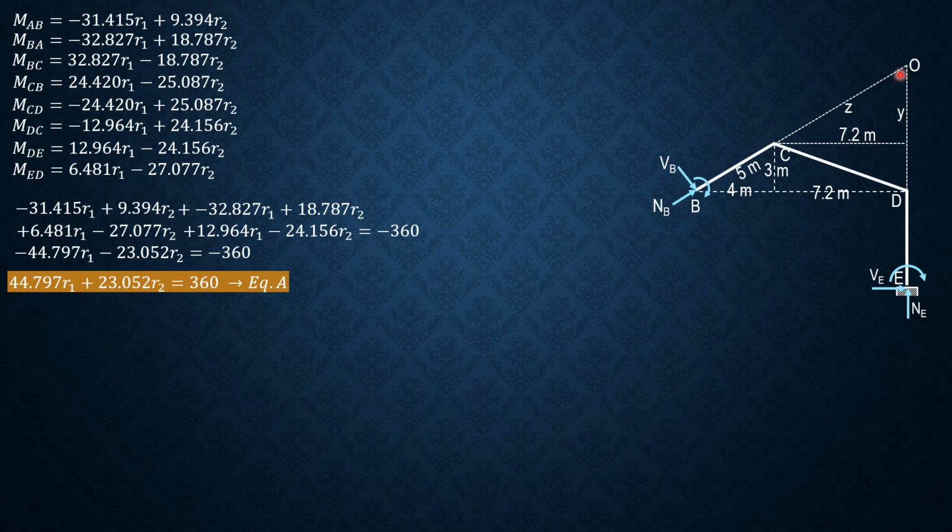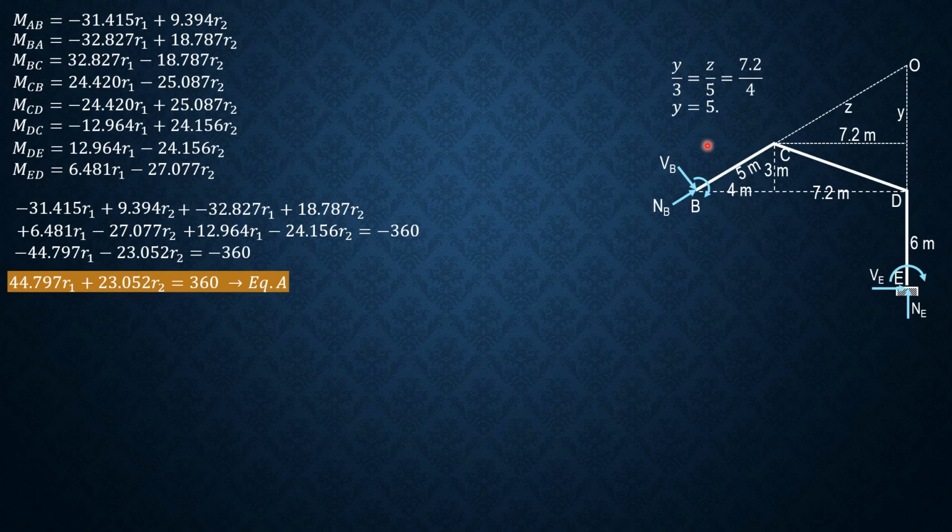So before we sum up moments about O, let's compute Y and Z by similar triangles. So this is 6 meters. So Y is to 3 as Z is to 5 as 7.2 is to 4. Y is to 3, this is 3, equals Z is to 5, because this is 5 meters, equals 7.2 meters is to 4 horizontal.